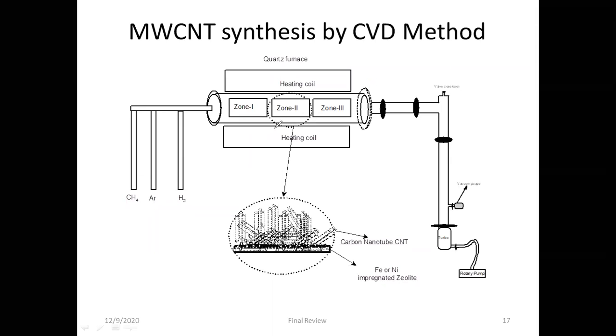The heating coil will be heated if you supply electrical energy or any other energy. Since our quartz tube is surrounded by this heating coil, the quartz tube will be heated. This is the heating provision we have in our CVD method.